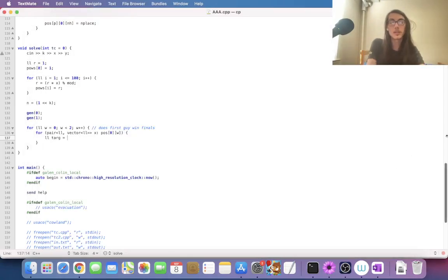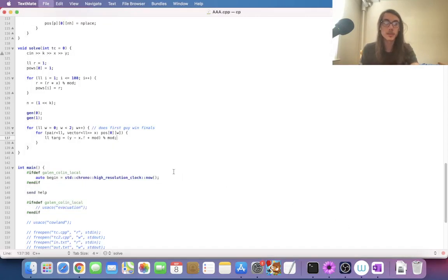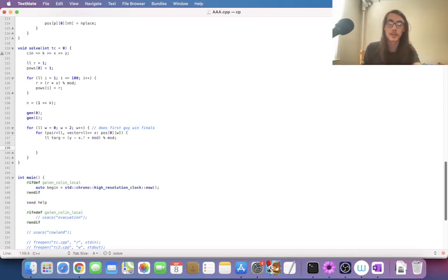So the required hash is y minus x dot first, and then again, because we can have negatives, we want to add mod. But mathematically, this should be positive. It should always be within the range of 0 to m minus 1, but in C++ that's not the case. So here we're going to add mod to make it so that it has to be within that region. You can even add some huge multiple of mod. The whole point is that it just has to be non-negative.